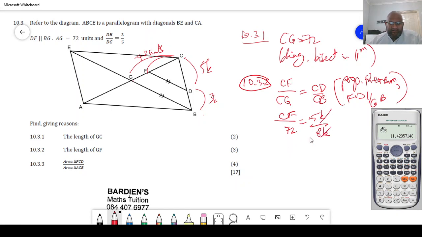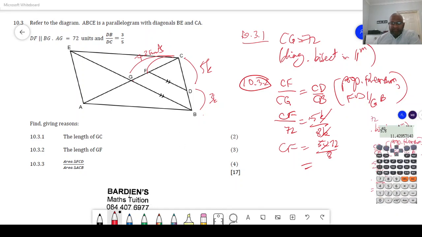Of course, the K's cancel. So CF is equal to 5 times 72 over 8. We can cross multiply: 8CF is equal to 5 times 72, and then divided by 8. So 5 times 72 divided by 8 gives you 45. That's going to give you 45 units.